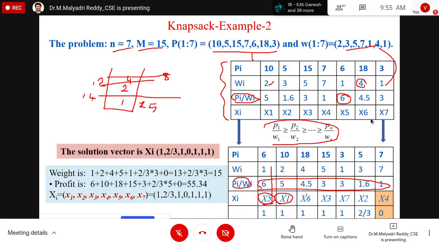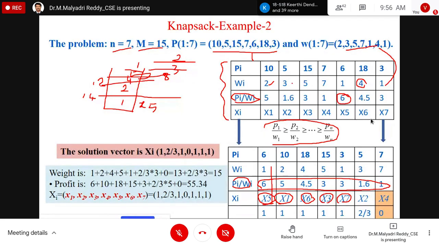Next element is X3 of weight 5. Remaining weight is 3. Next object is X7 of weight 1. Remaining weight is 2. Then we take 2 by 3 of the X2 element.